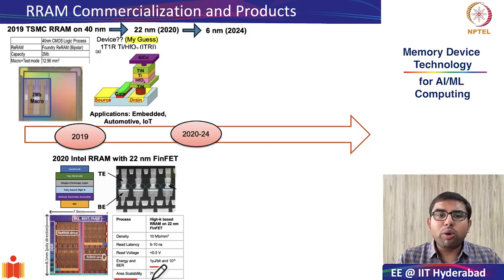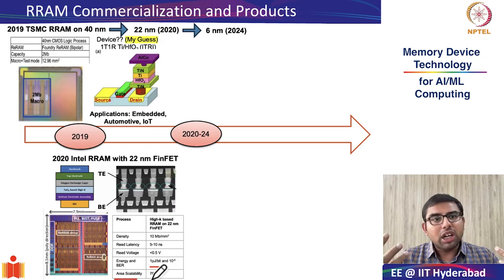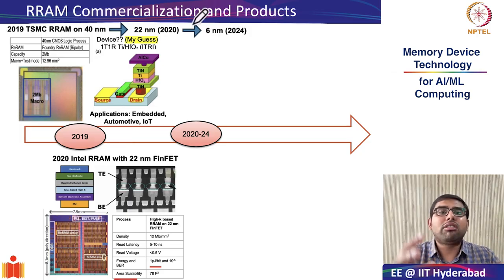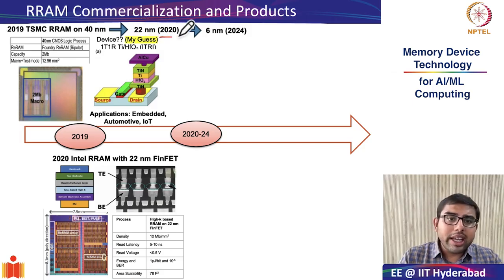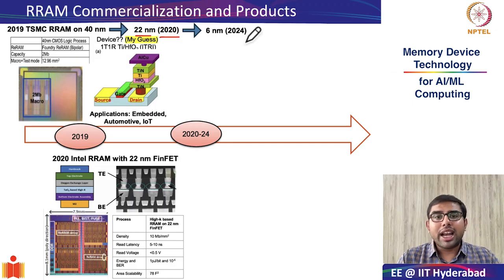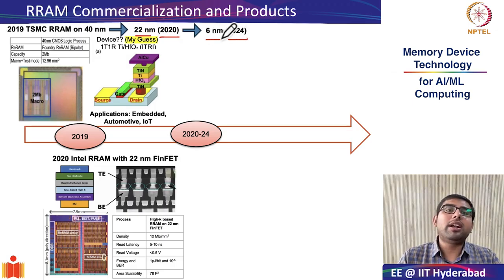So currently, in the RRAM space, major companies like TSMC and ST Microelectronics are integrating RRAMs with smaller and smaller technology transistor nodes. In 2020, the integration with the 22 nanometer node was announced, whereas in 2024, the integration with the 6 nanometer node was also announced.